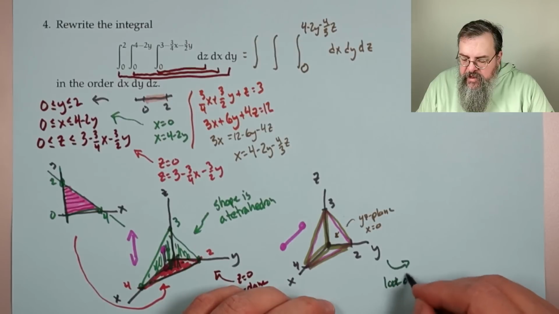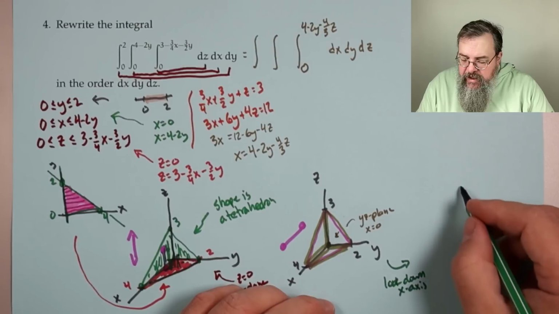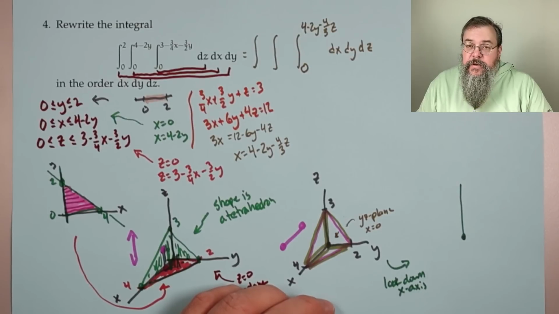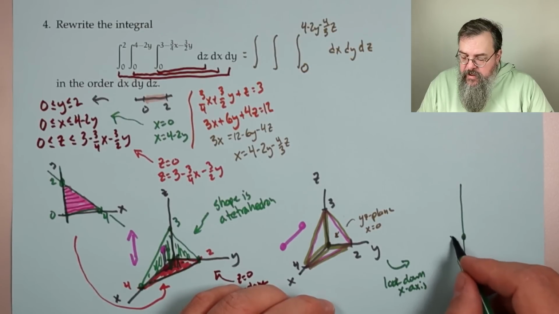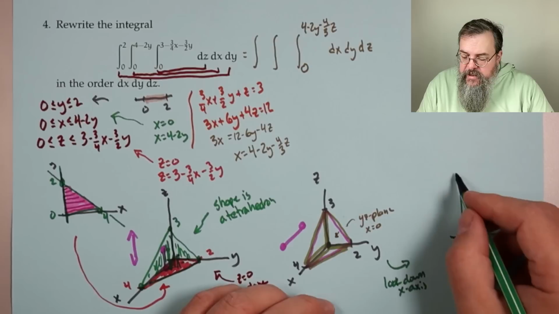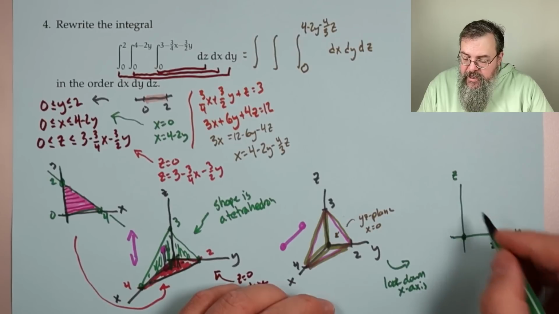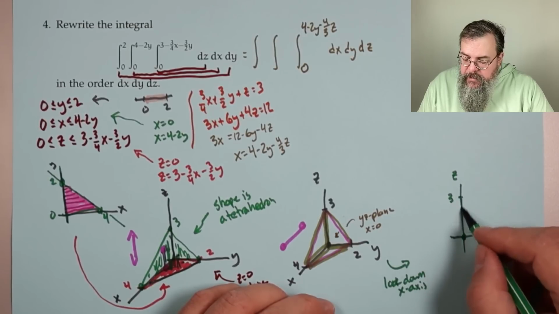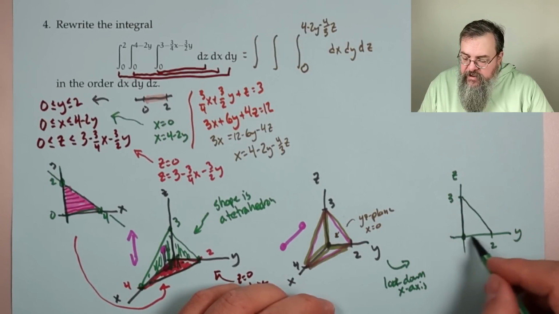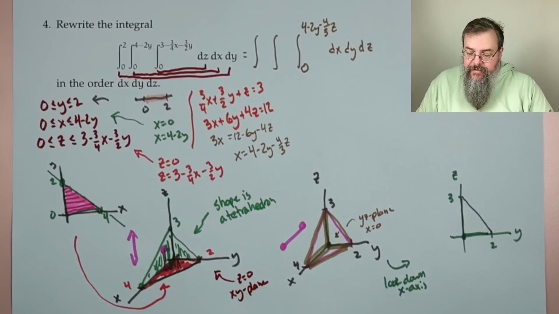We're not going to see x. You can think that the x-axis has become just the point at the origin. So what do we see? We see the YZ plane. And in the YZ plane, what we see for our shape is a triangle. That looks something like this.